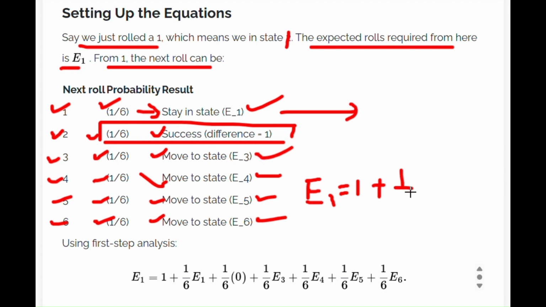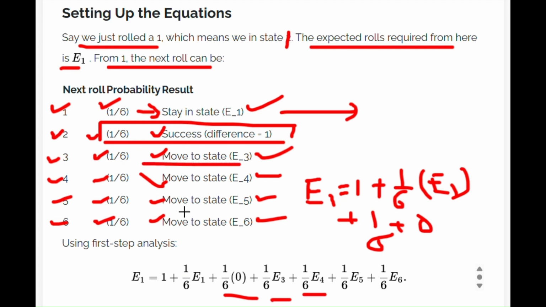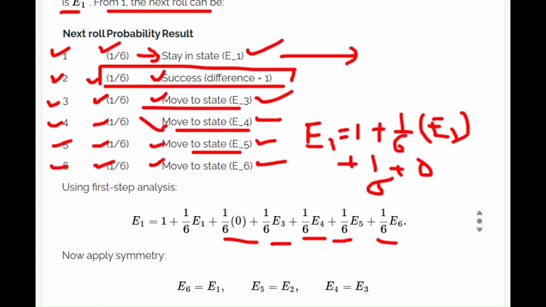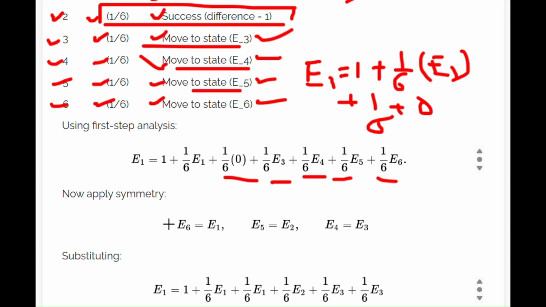So this gives us 1 by 6 times E1 plus 1 by 6 times 0. Similarly, 1 by 6 times E3 plus 1 by 6 times E4, 1 by 6 times E5, and 1 by 6 times E6.